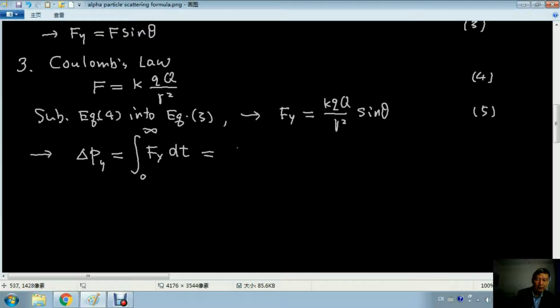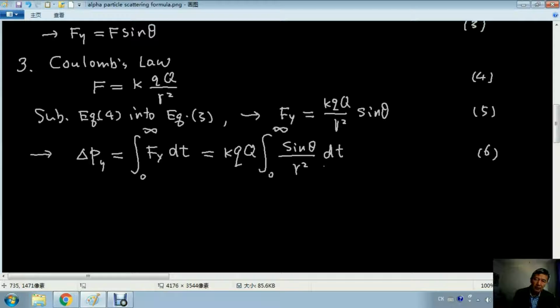We can put the constants outside the integral: K, that's the constant in Coulomb's law, and capital Q. What remains is sine theta divided by R squared, times delta t, from 0 to infinity.